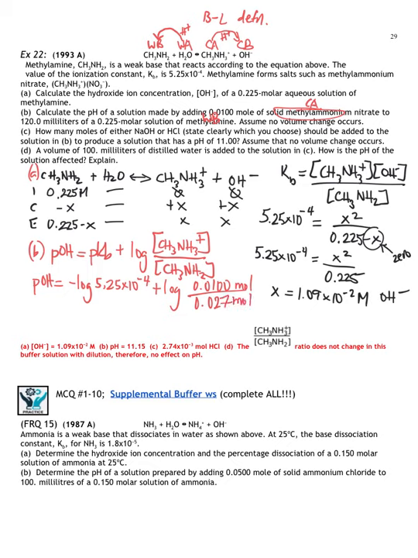And then I take my pOH. So I find my pOH, and it ends up being 2.85. Now, to find my pH is just to take my 14 minus that 2.85, and taking that difference, I get 11.15.